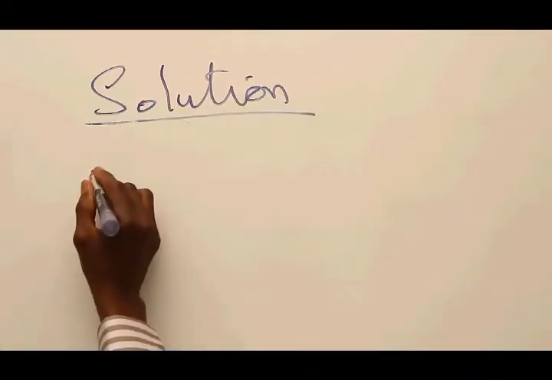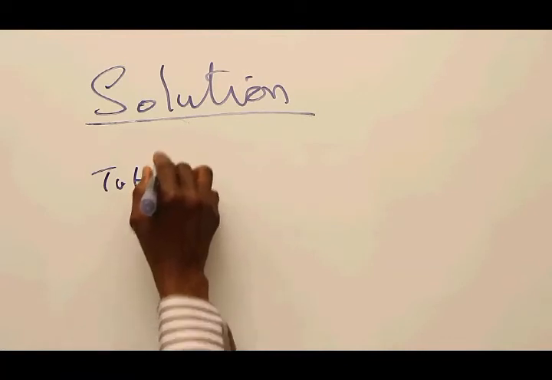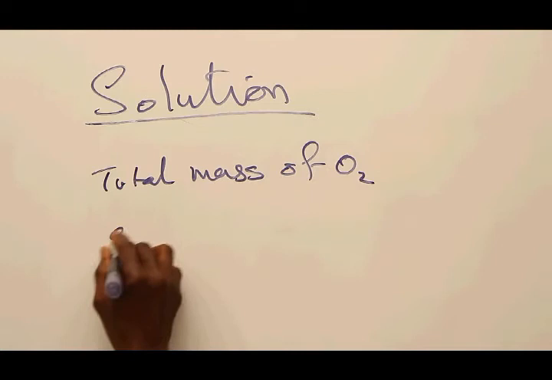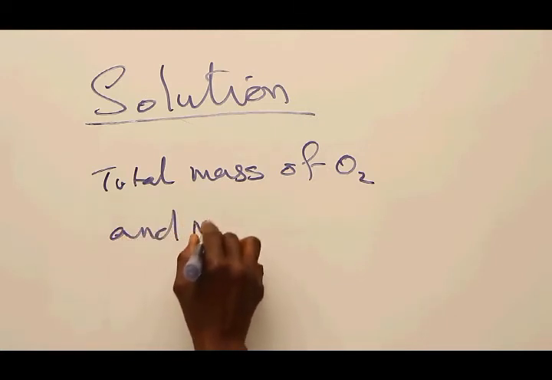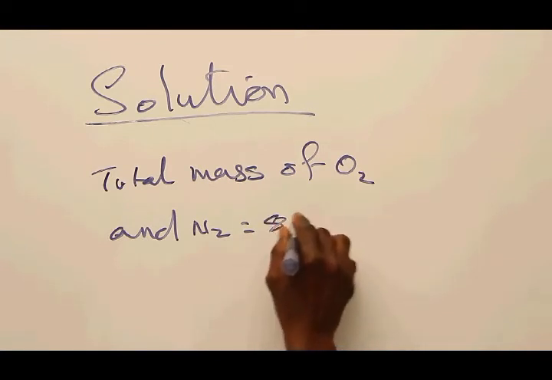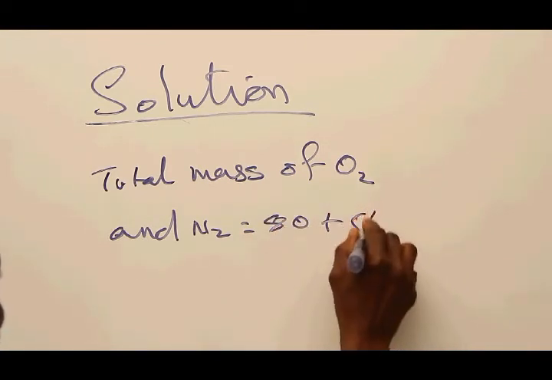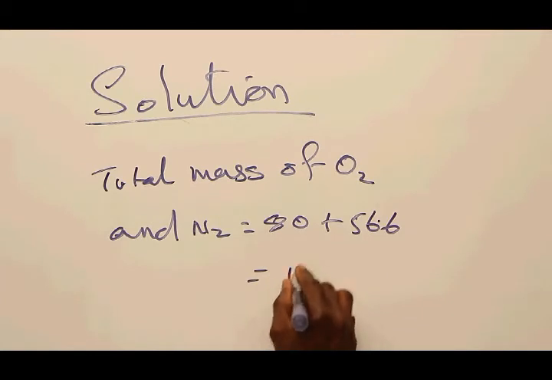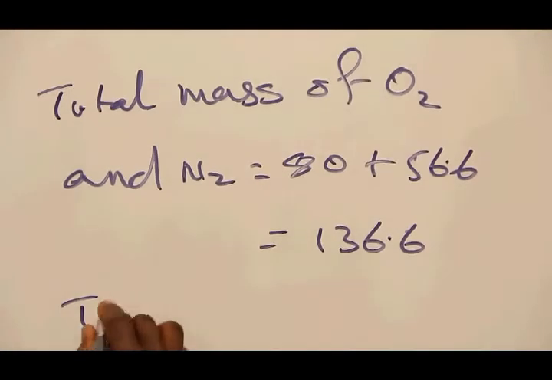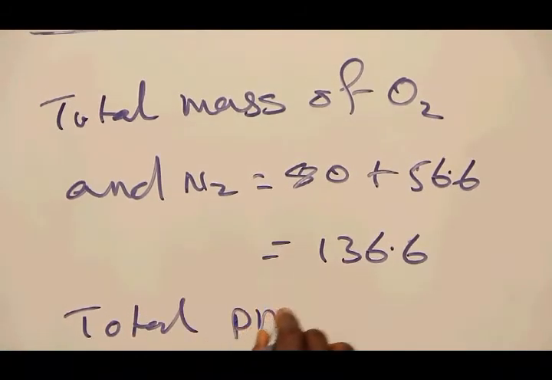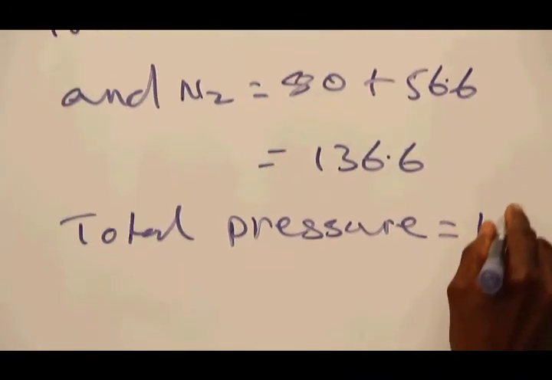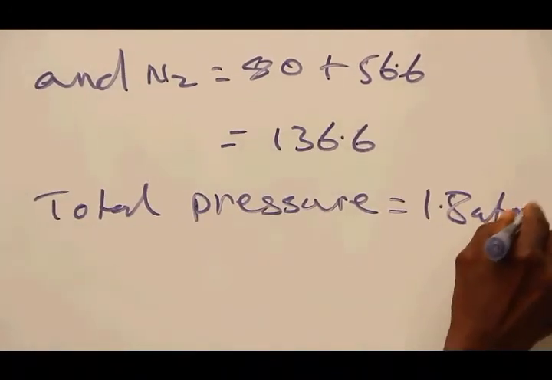Now the solution. The total mass of oxygen and nitrogen is 8.0 plus 56.6, that is 64.6. Now the total pressure given by the problem is 1.8 atmospheres.